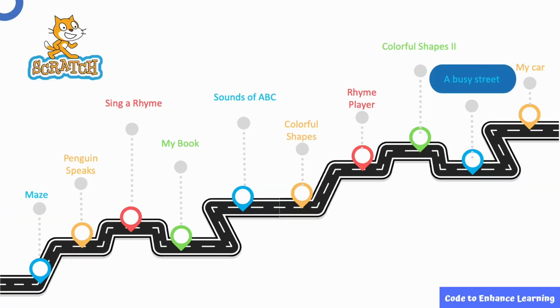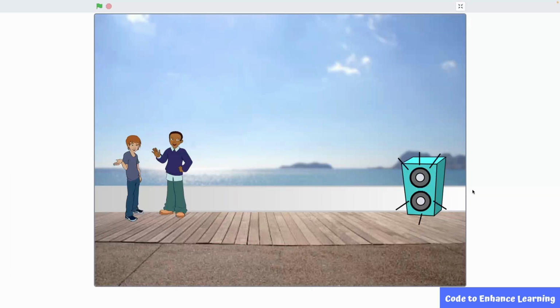In the 9th episode, we will learn to create a busy street with repetitive actions. Let's look at the demo of the project. When I press the green flag, we will see the busy street come to life. Please make a note of when each person/animal's entry happens on the stage.